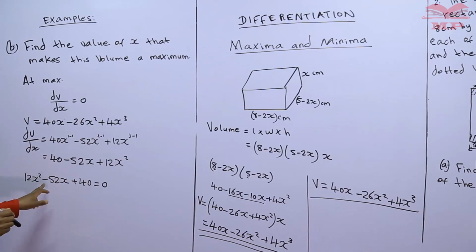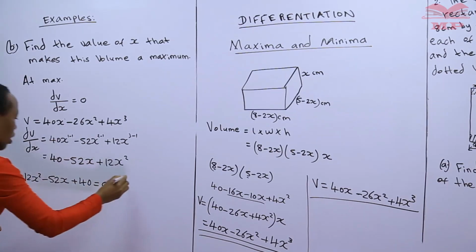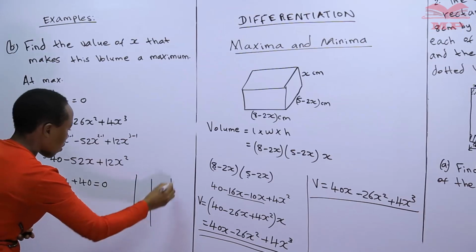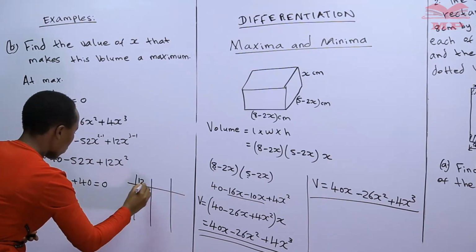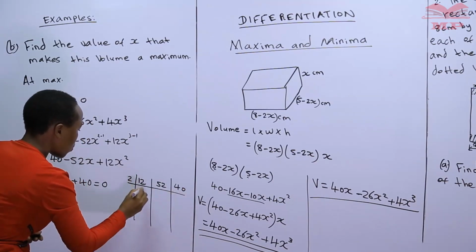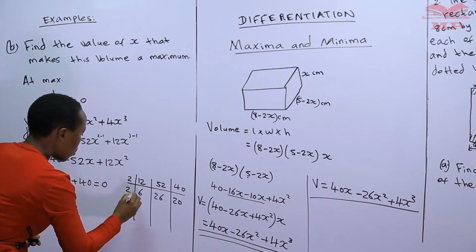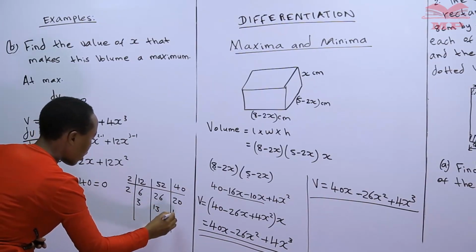We want to get the values of x in this. This is a quadratic equation, so we can divide all through to make it simpler. We have a common factor here in 12, 52, and 40. Halving each gives 6, 26, 20, and again 3, 13, 10.